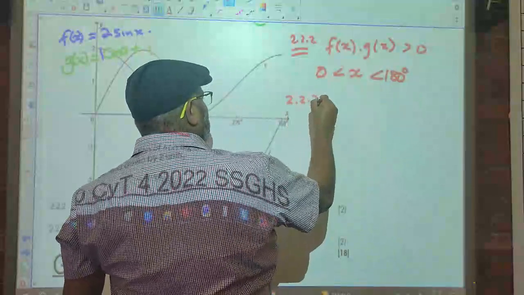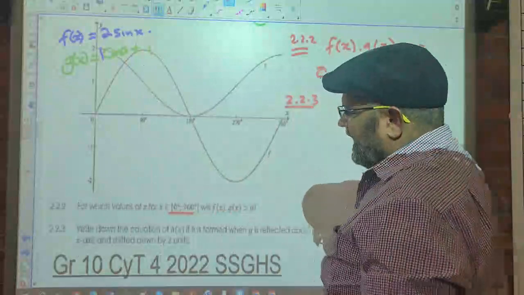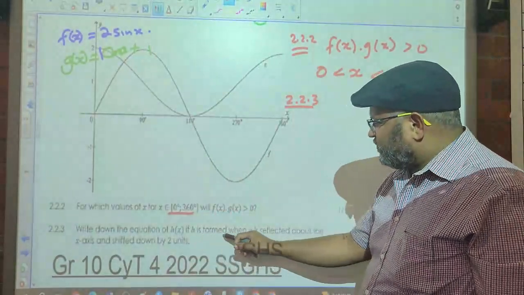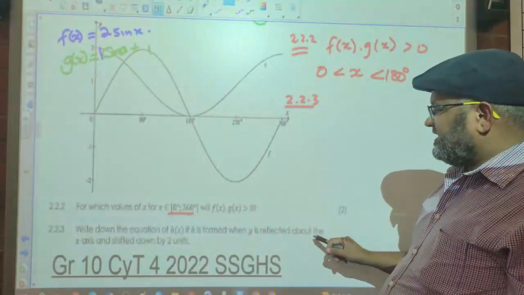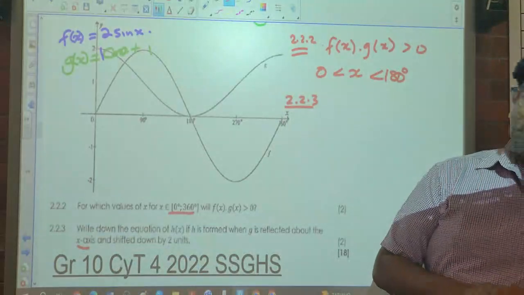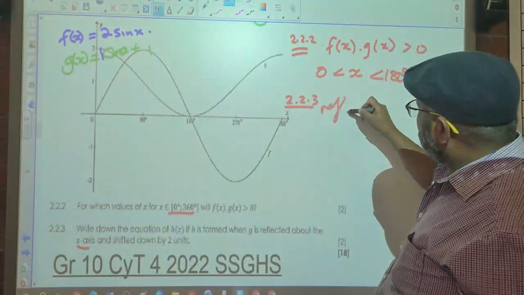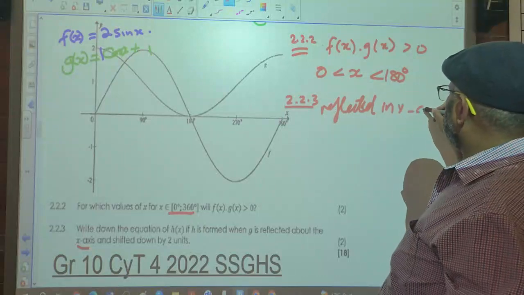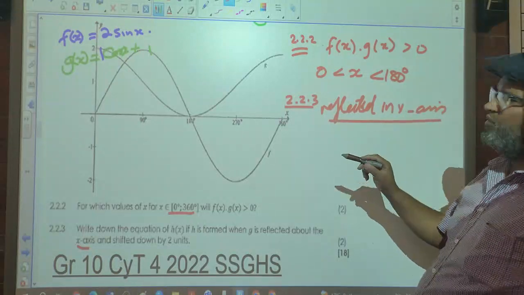Let's look at 2.2.3. Write down the equation of h of x, if h is formed when g is reflected above the x-axis. So what's the rule if something is reflected in the x-axis? What sign changes?